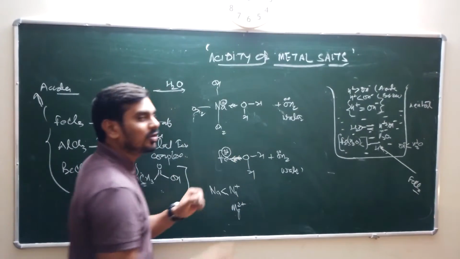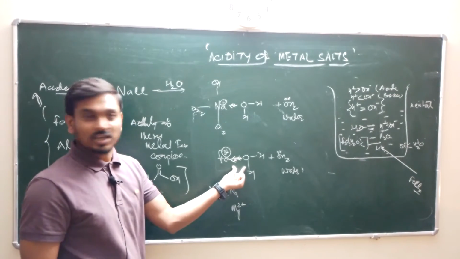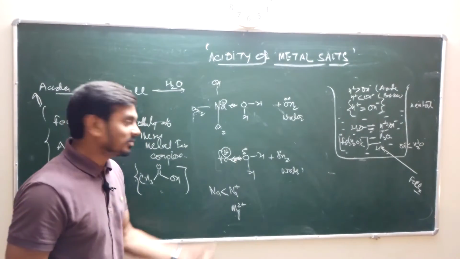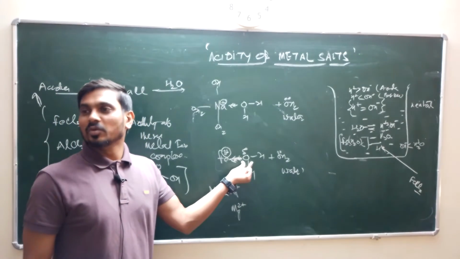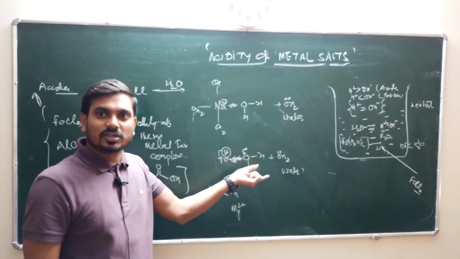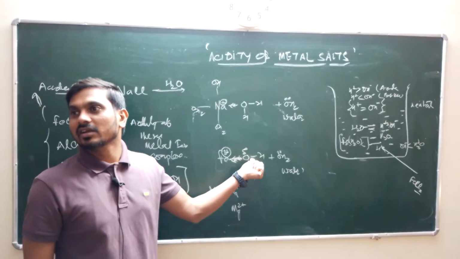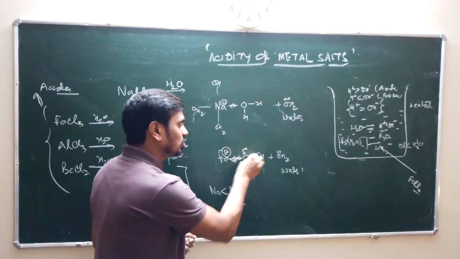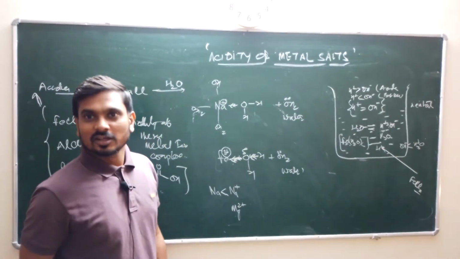So the polarization of the Fe-O bond will be higher in which case? Here the polarization will be higher. It means oxygen is getting what? Positive charge. If iron is withdrawing electrons from this bond pair toward itself, oxygen will acquire positive charge. And oxygen cannot reverse the pull of the electrons from this side, so oxygen will withdraw electrons from where? From the hydrogen-oxygen bond. Oxygen, in response to this action, will withdraw electrons from here. So what would happen?